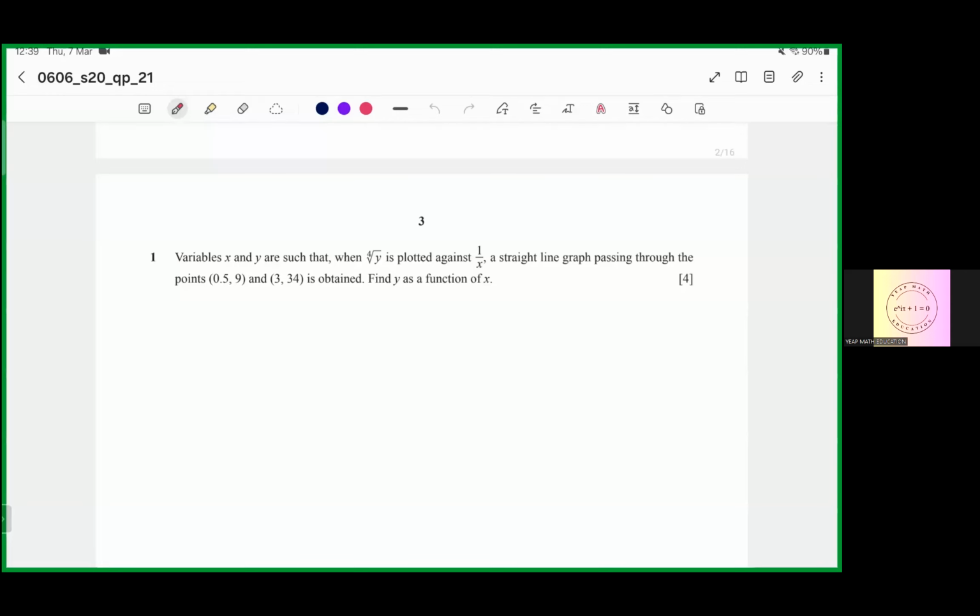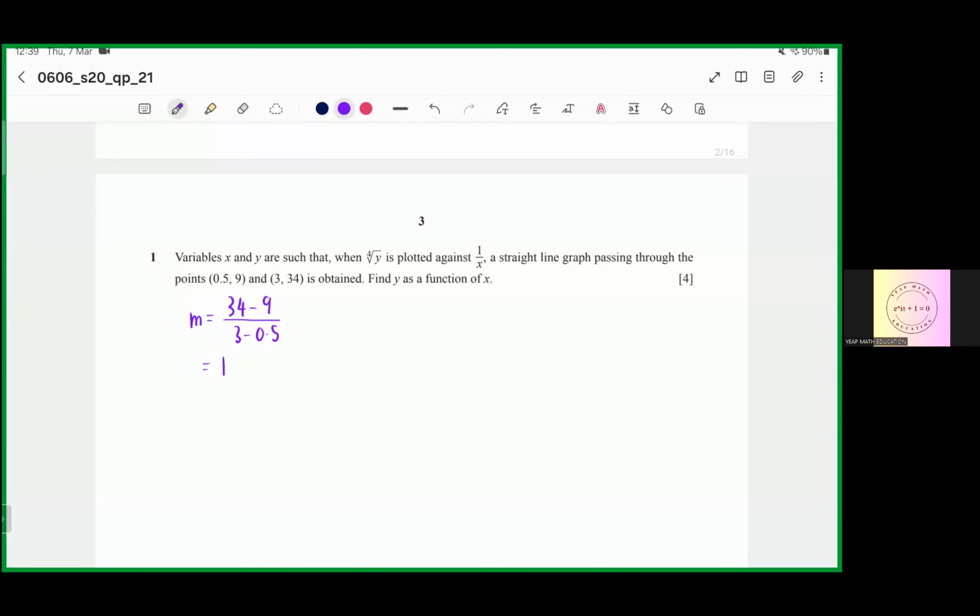Now we see how to do this question. We need to find the gradient of the straight line. We can take 34 minus 9 over 3 minus 0.5, and then calculate it.